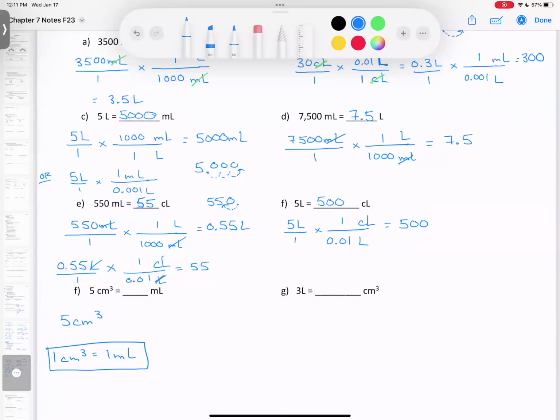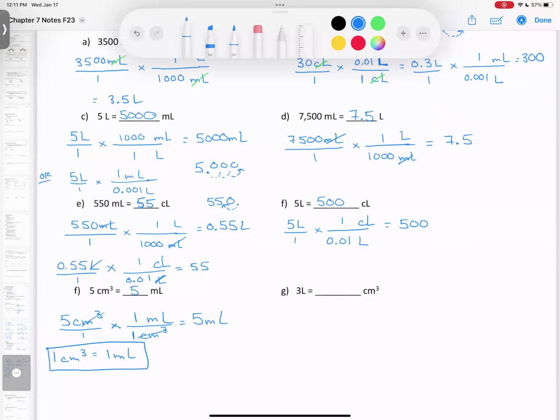So if we have 5 centimeters cubed, we want to multiply by a conversion factor that's going to get rid of the centimeters cubed and leave our answer in milliliters. Well, 1 centimeter cubed gives us 1 milliliter. So we just multiply our answer by 1. In other words, it's going to be the same thing. So we end up with 5 milliliters here.